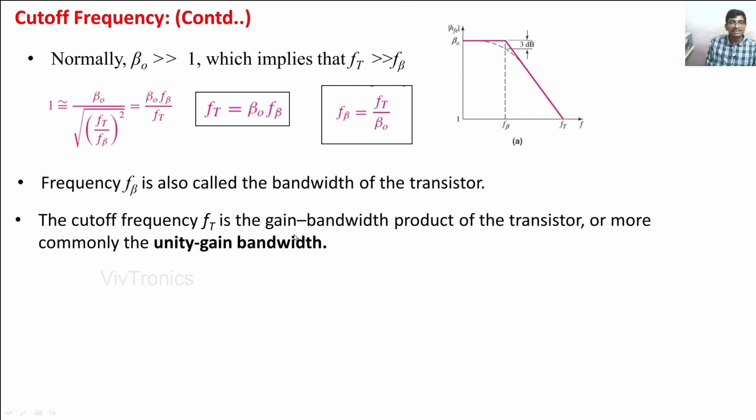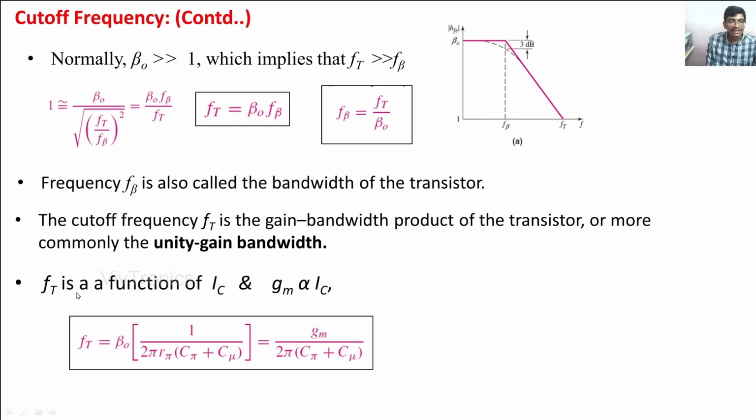The cutoff frequency ft is the gain bandwidth product of the transistor, or more commonly called the unity gain bandwidth, because at f equal to ft the gain will be equal to 1. Here ft is a function of IC, and gm is directly proportional to the collector current IC.